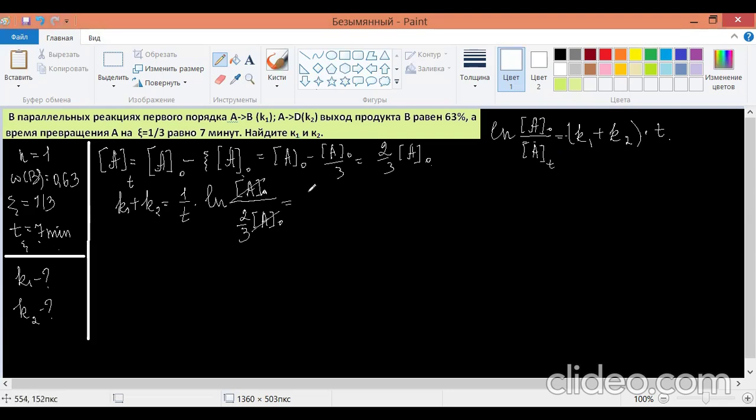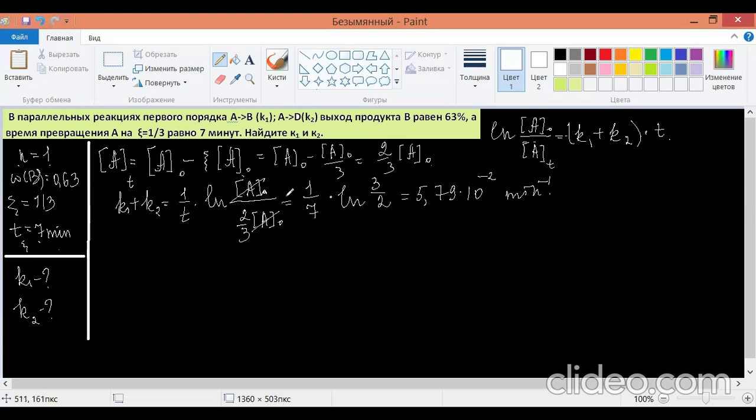Cancelled. In other words, we got a seventh times the natural logarithm of 3/2, and that gives us the following value. The magnitude of the sum is 5.79 times 10 raised to minus 2 minutes raised to minus 1, because both reactions are unimolecular.